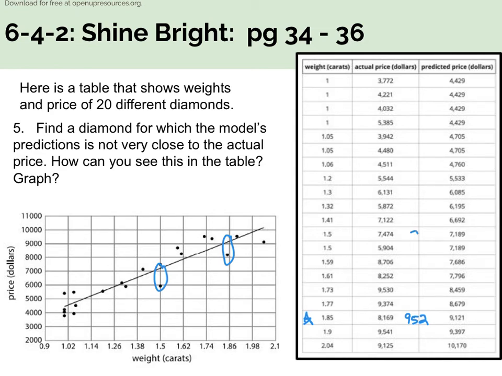Well, that's 285. Let's try the other one. 7,189 minus 5,904. That's 1,285. So where is it that the prediction versus the actual is the greatest? It would be at the second 1.5 carats.